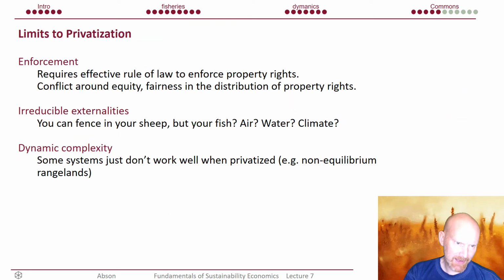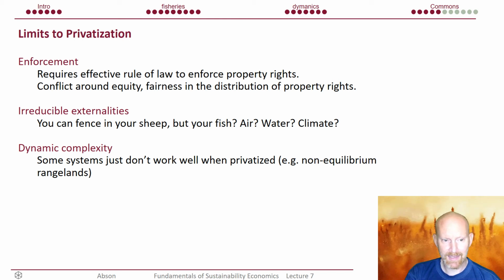There are limits to privatization. It requires effective rule of law to enforce property rights, and there are huge conflicts, which even Harding acknowledged, about who should have those property rights in the first place. And then there are some things where it's difficult to actually make it into private property.